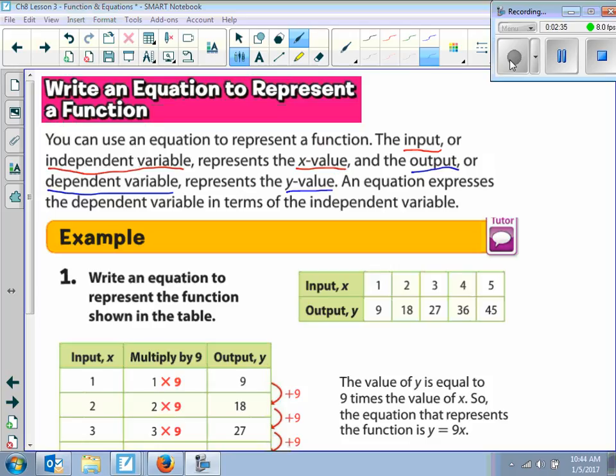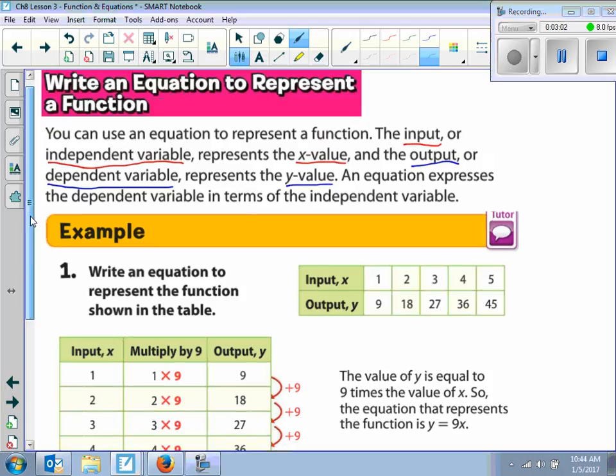So, if they're an equation, it has an equal sign, right? And it says here, an equation expresses the dependent variable in terms of the independent variable. So that means that the output, y, is equal to the function rule that includes the x. Is everybody clear with that? Okay, and you'll see it in just a minute.